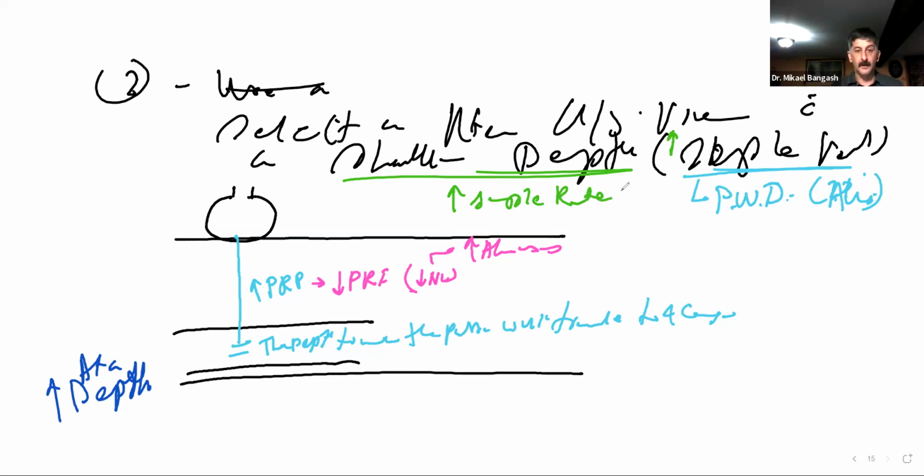Mainly because of the lesser distance, this is a shorter PRP, which will directly lead to the PRF being increased, and the Nyquist limit will be increased.